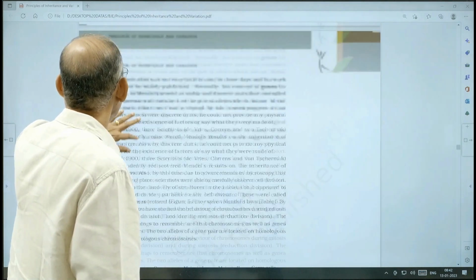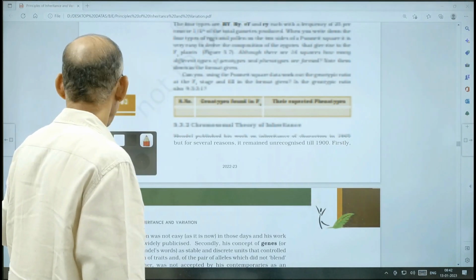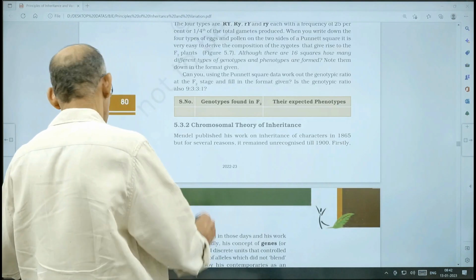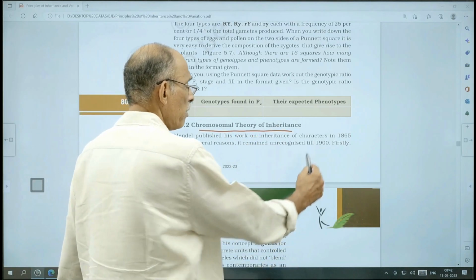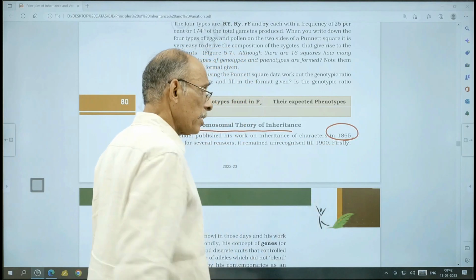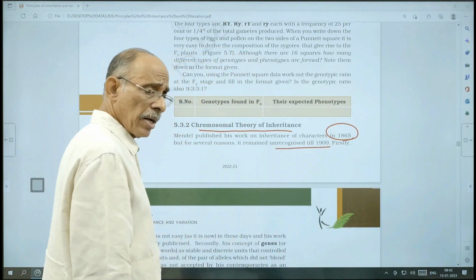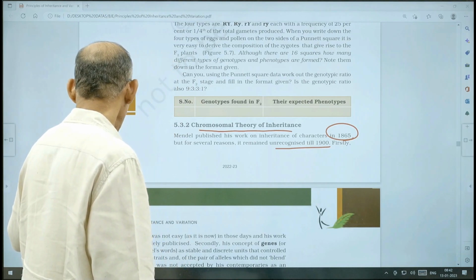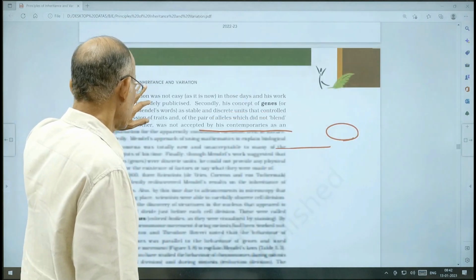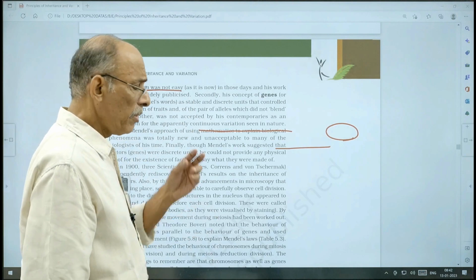Now after Mendel, we go to the chromosomal theory of inheritance. Mendel's papers were published in 1865 and remained unrecognized till 1900. The reasons why these papers remained unnoticed: first of all, communication was not easy, and he took only very few preprints.